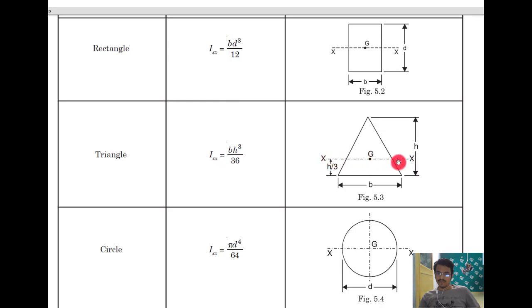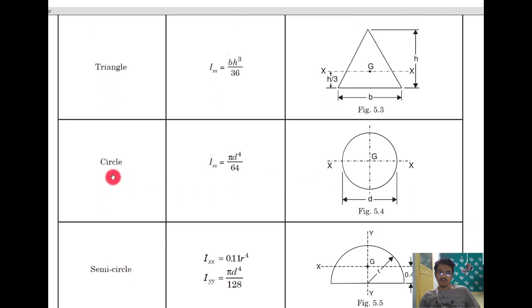If in the question the base axis is asked, then we can transfer using a theorem called the parallel axis theorem, which we will see afterwards. Then for a circle, pi d to the power 4 by 64, again about the centroidal x axis or centroidal y axis, that formula will remain the same.